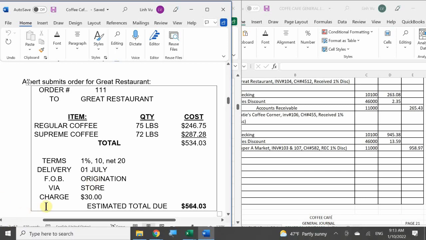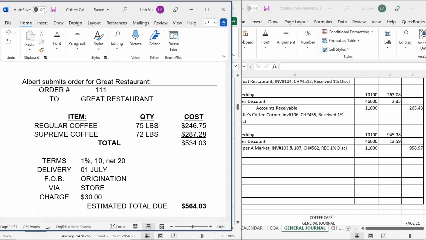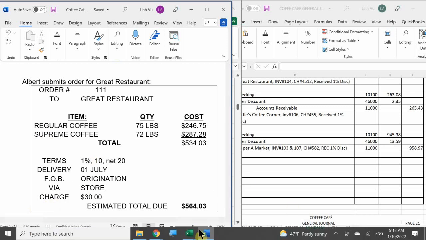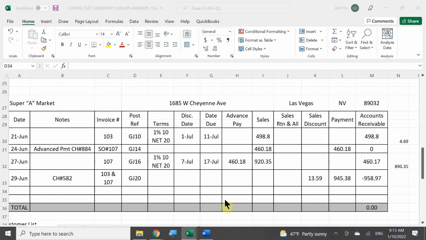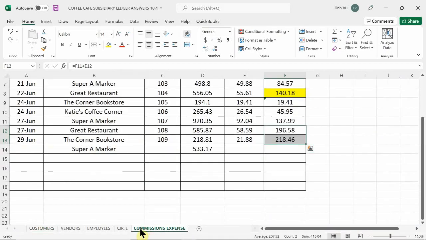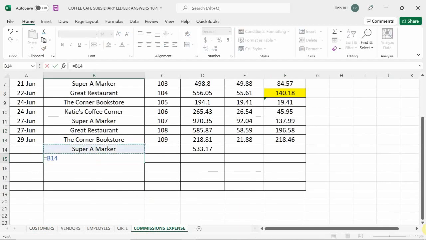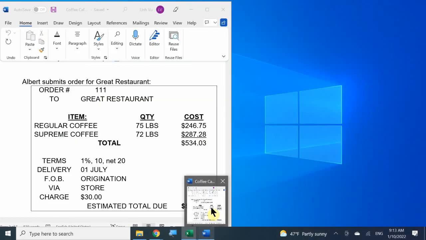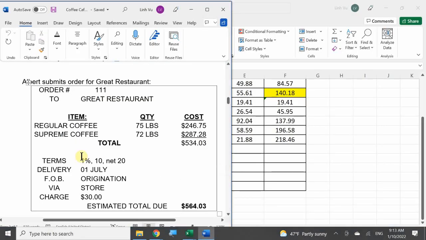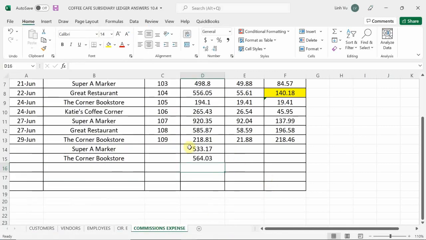Yes, right, because in this case, 564.03 is a potential sale. Commissions to Great Restaurant. Invoice. We haven't done the invoice yet for 564.03. Okay. Good.